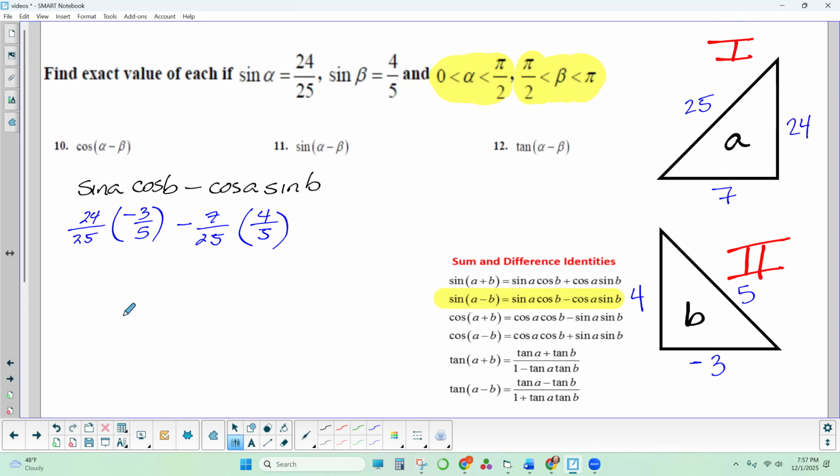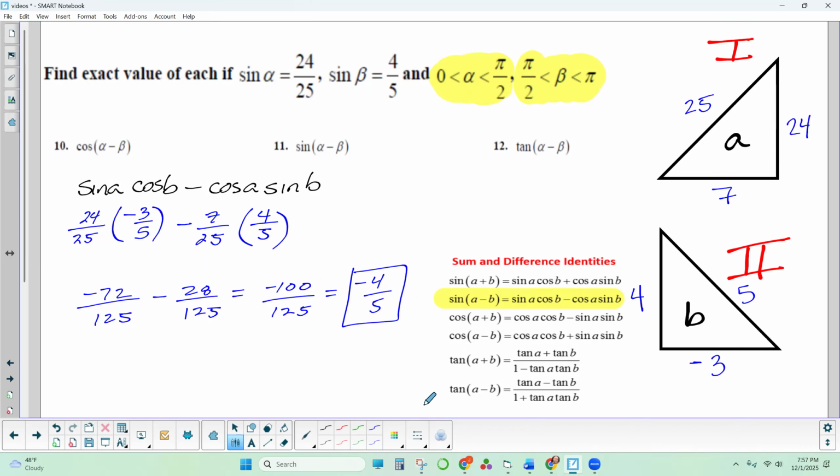Okay, so we multiply that and we get -72 over 125 minus 28 over 125, which is -100 over 125, which simplifies to -4/5. All right, and that is the exact value.